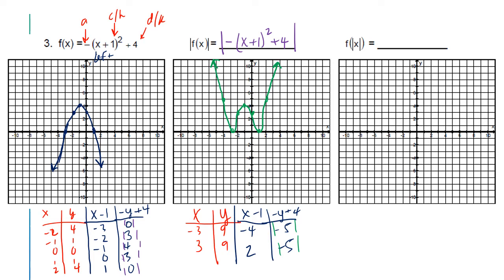Here, it's going to be a little different. On this last piece, it's saying that you're taking f of absolute value of x. So in terms of my equation, it's negative absolute value of x plus 1 squared plus 4. So that's what that would look like. When you're taking the absolute value of the x and you're using the table, you are still at that value.